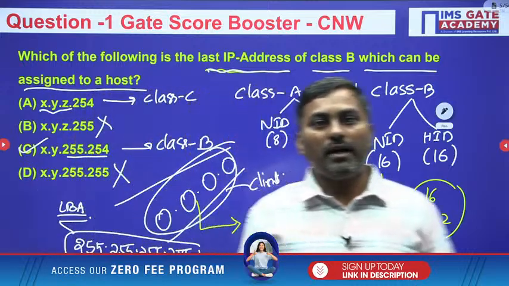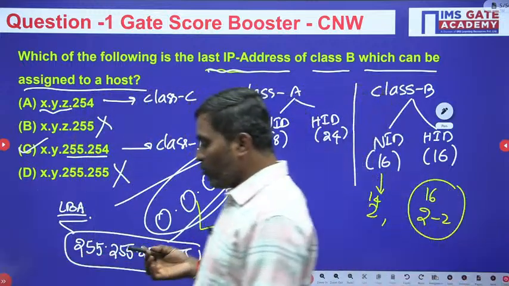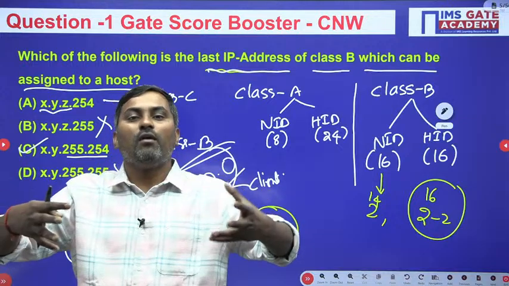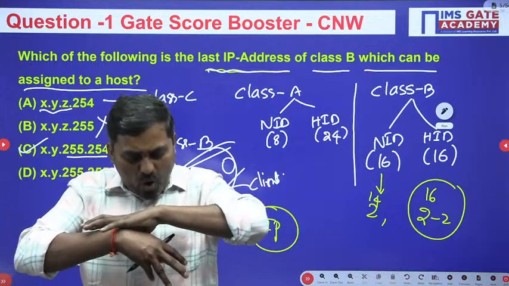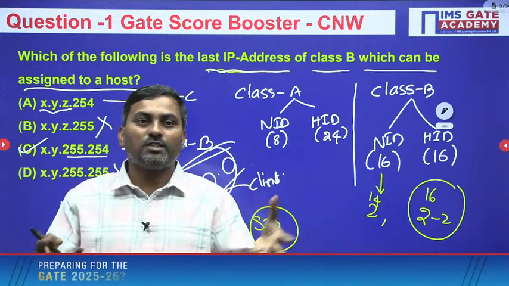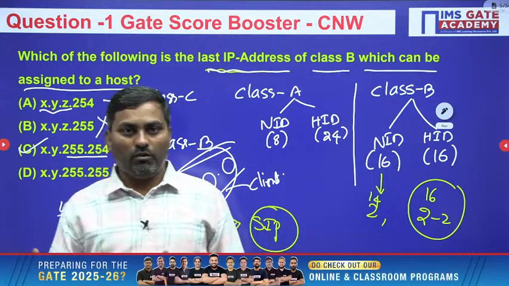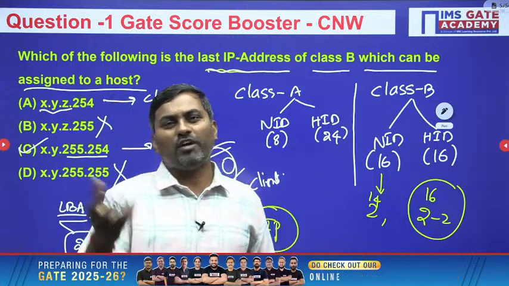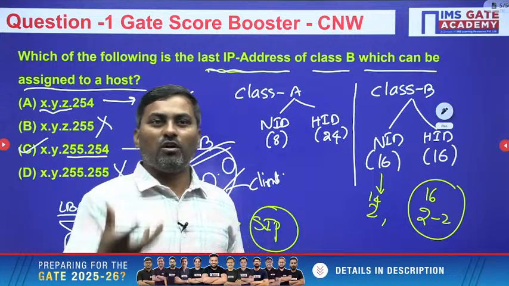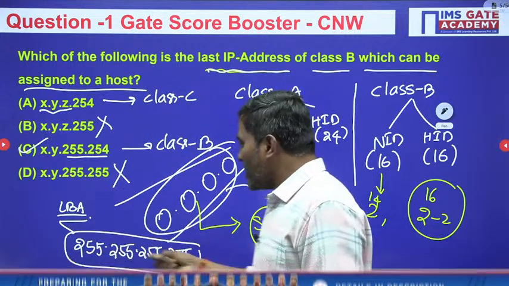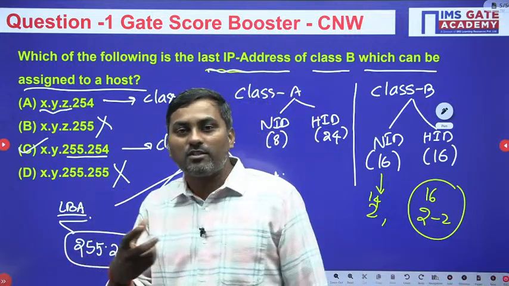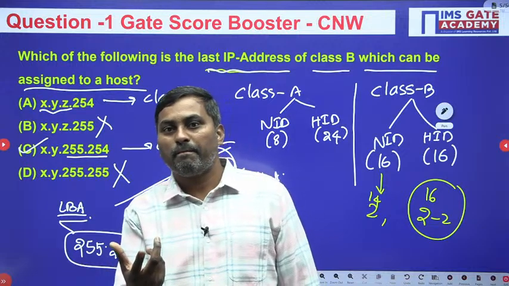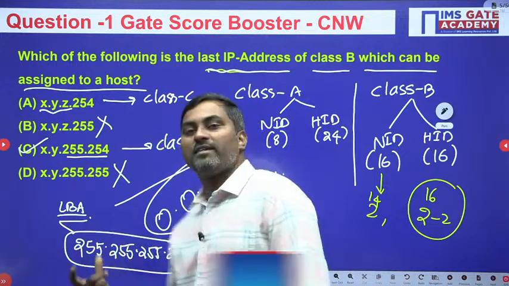Yes, limited broadcast, meaning whenever a particular host wants to broadcast a message to all the hosts in this particular network, it could be any network, or it can be a block of IP addresses also. We can use this. So can we use this IP address as a source IP address?